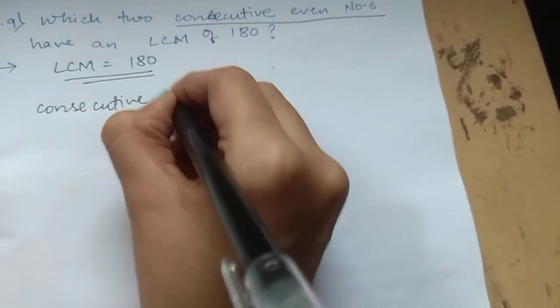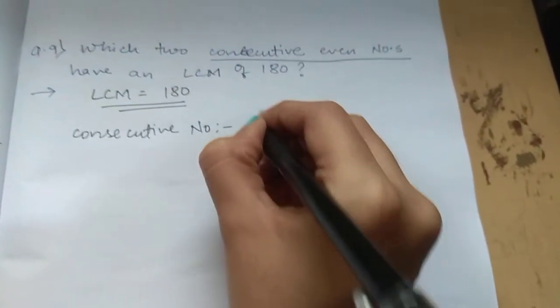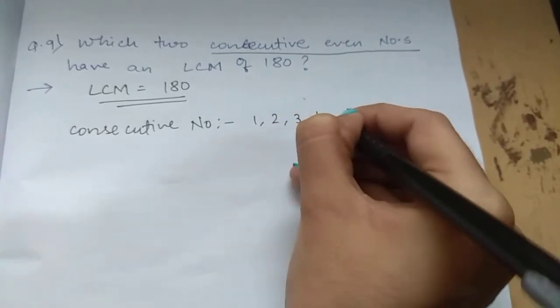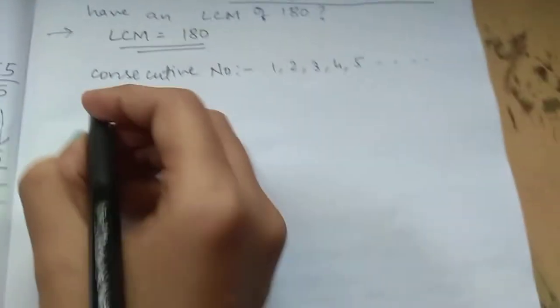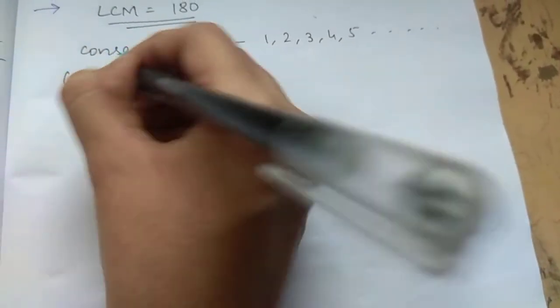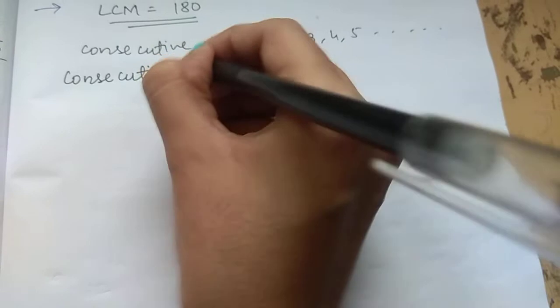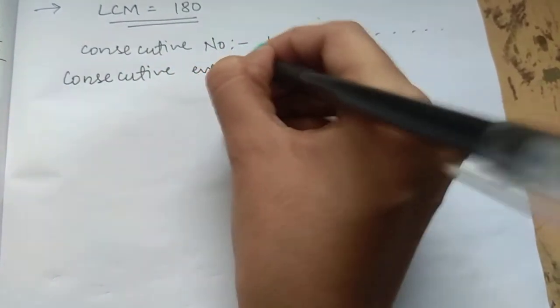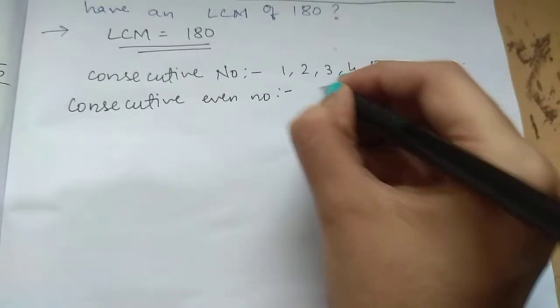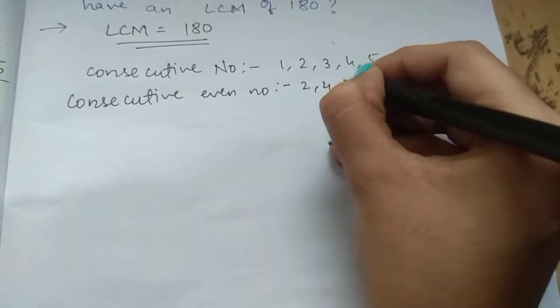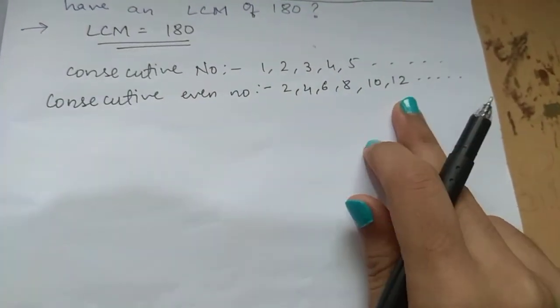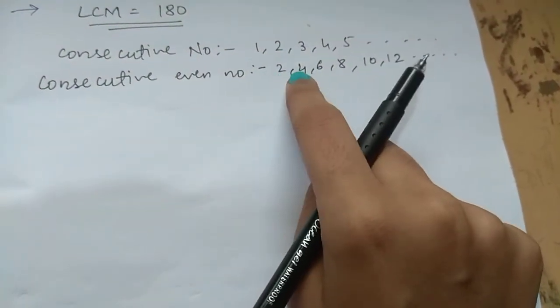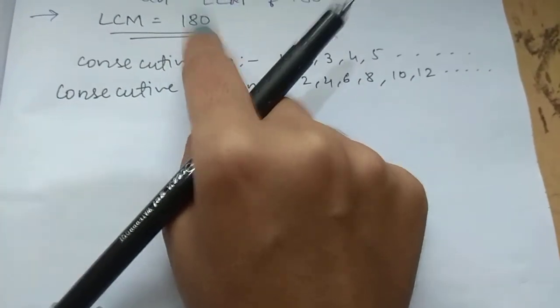I'll give you example. Consecutive means 1, 2, 3, 4, 5 and so on. But here it says consecutive even number. Consecutive even number will be 2, 4, 6, 8, 10, 12 and so on. So these are consecutive even number. Among these there are two numbers whose LCM is 180.